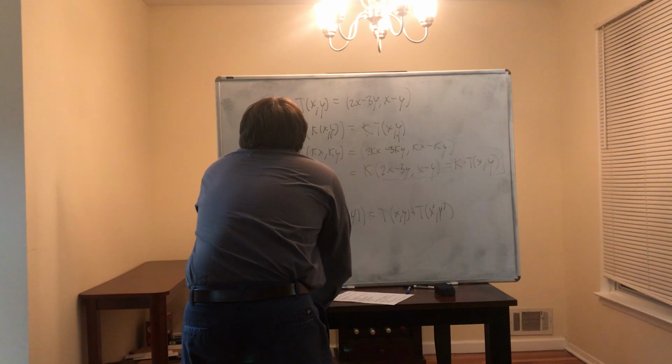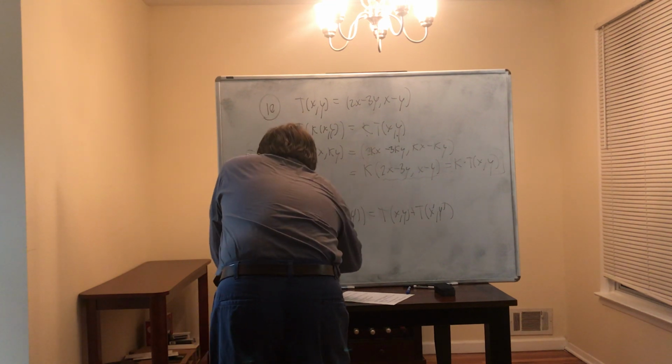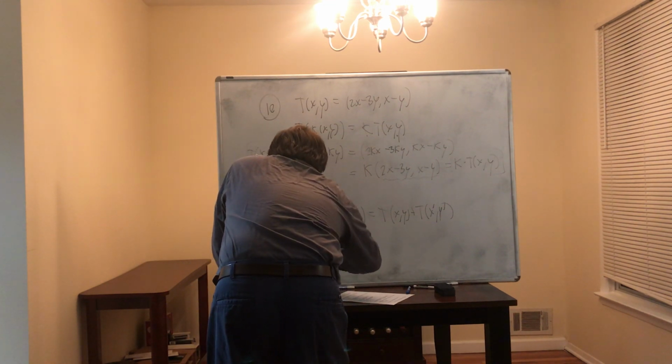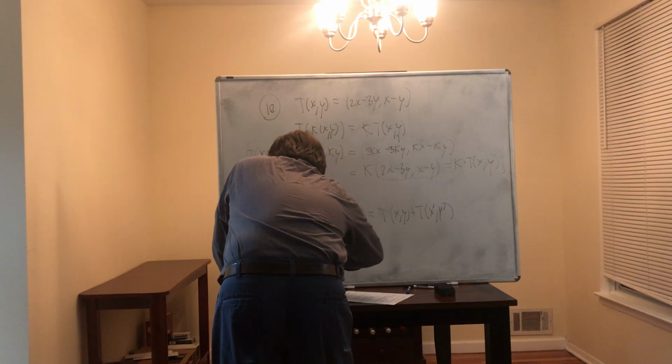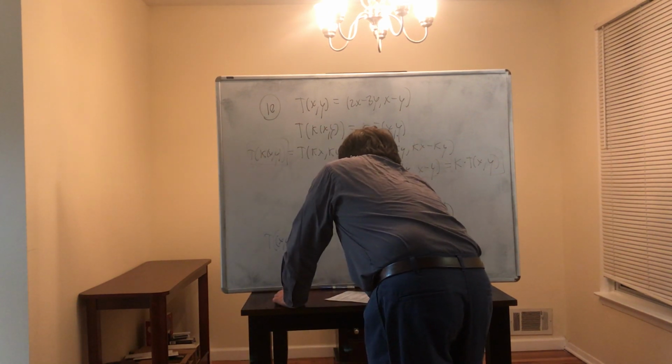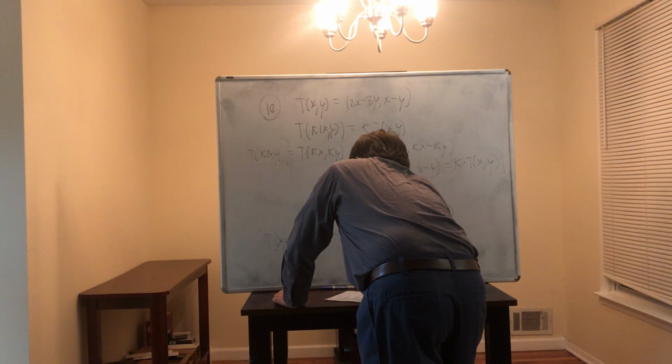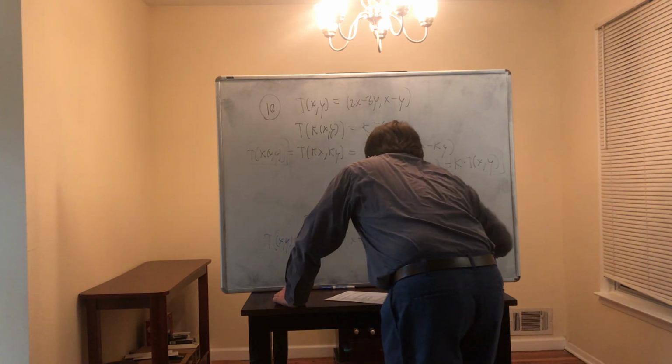T of, okay, so it's all right here. T of (x, y) plus (x prime, y prime) is equal to T of (x plus x prime, y plus y prime).